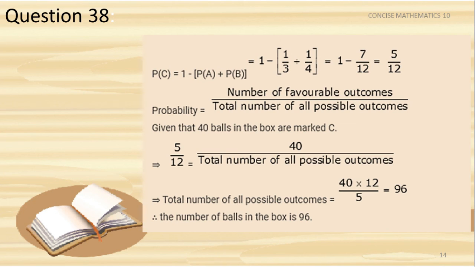The probability of C is equal to 1 minus the sum of the probabilities of A and B. So its value is equal to 5 by 12. As there are already 40 balls marked with C, try to equate it. Hence the total number of balls in the box is 96.